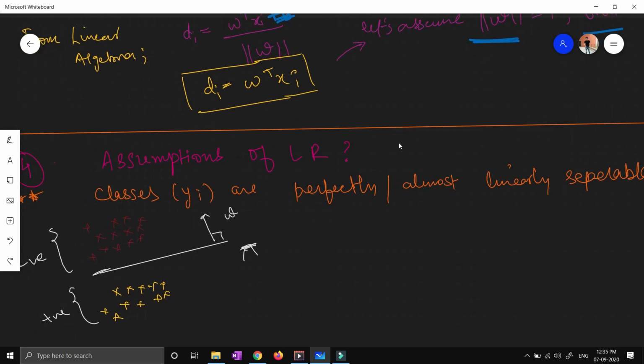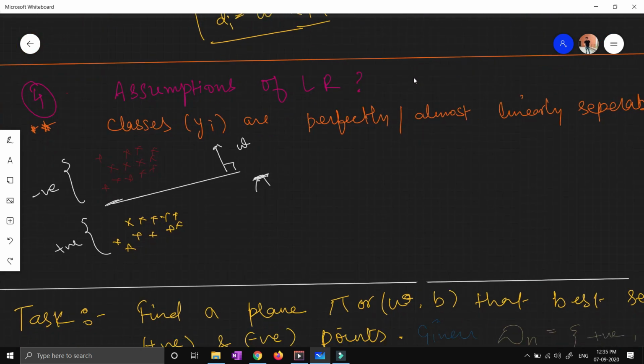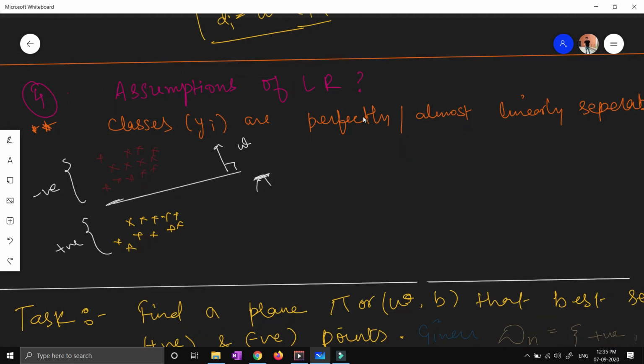Now the fourth step is the assumptions of logistic regression. Any machine learning algorithm we are learning, like naive Bayes, k nearest neighbor, logistic regression, or any algorithm we will learn in future, makes some assumptions. So for logistic regression, what is the assumption?